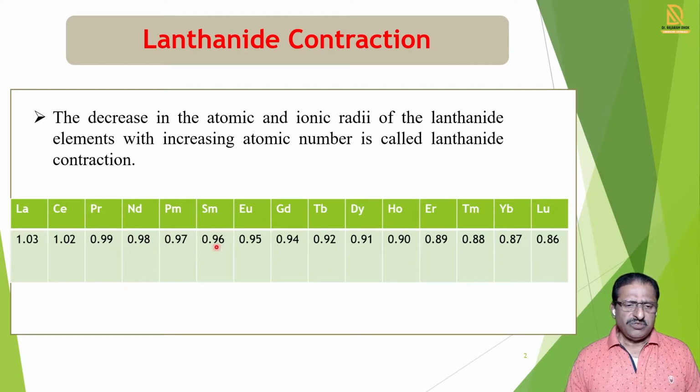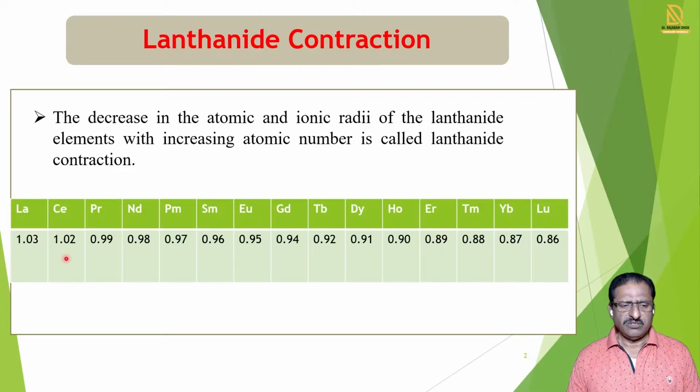For that purpose, you see these different elements and their atomic radii. Lanthanum has atomic radius 1.03 angstrom. These all are values in angstrom.